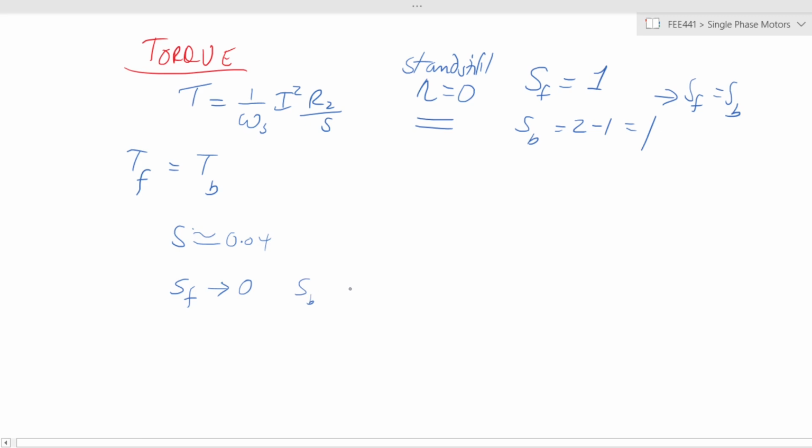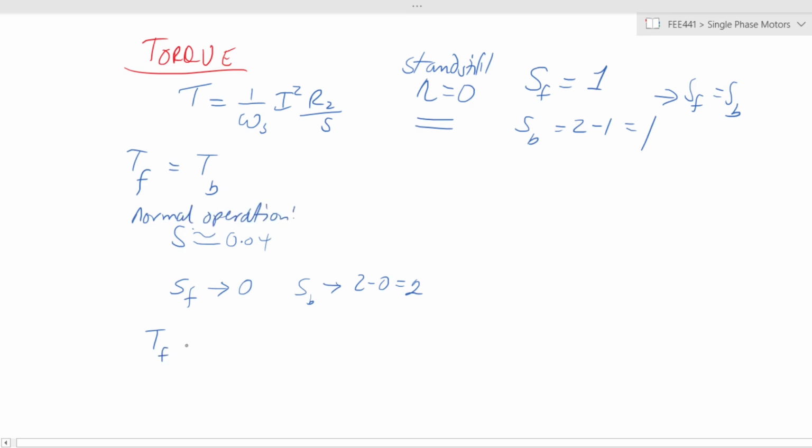And SB will be tending towards 2 minus 0, which is equal to 2. That means that the torque in the forward direction tends to be much higher than the torque in the backward direction, right? So let's call this normal operation.